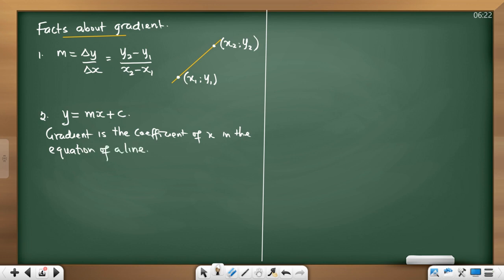But here, please, you must make sure that the equation is written as y equals. Example, if I tell you y equals 3x plus 4, then your gradient will be equal to what? 3.